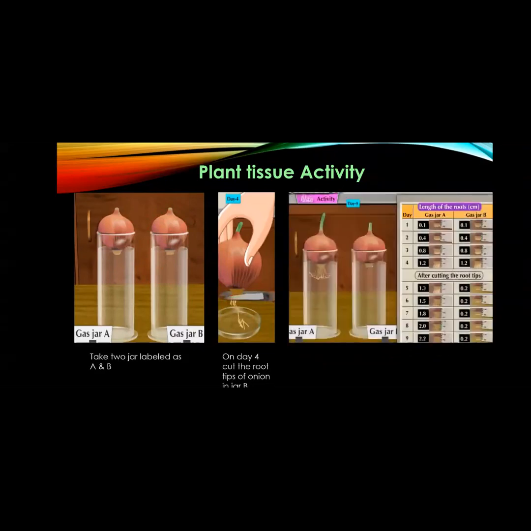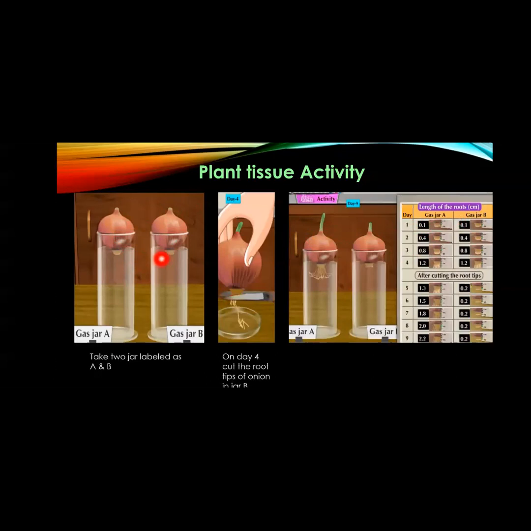Again, we have to allow the same thing, keep the onion back dipped into the water and allow it to grow for a few more days. While we have kept the onion for growth, we have to observe the growth of the root, that is length of the root.